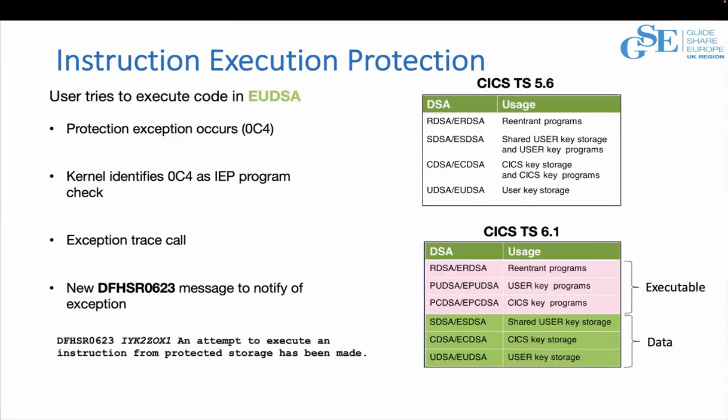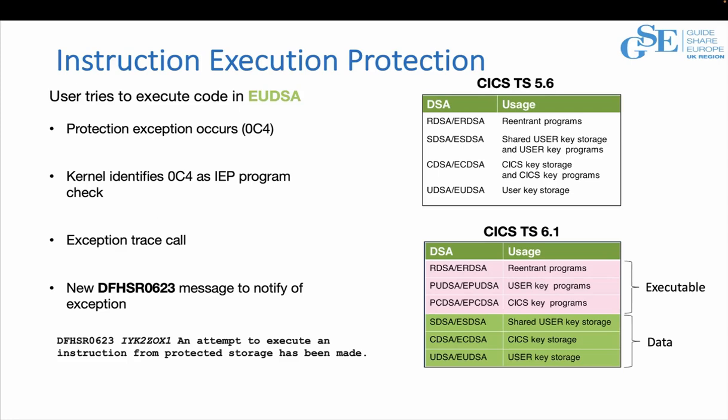So as you can see at the very top right of the screen, we've got what the DSAs look like in CICS 5.6. And then at the bottom, we've got what the DSAs now look like in 6.1. And that's very clearly separated into executable and data storage.